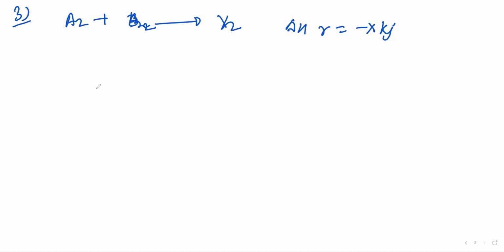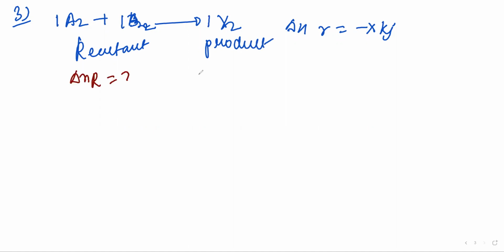For this reaction, on increasing the pressure, the equilibrium shifts in the direction where the number of moles decreases. You can count: this is your reactant and this is your product. This is 1 mole, this is 1 mole, so moles of reactant is 2 and moles of product is 1.